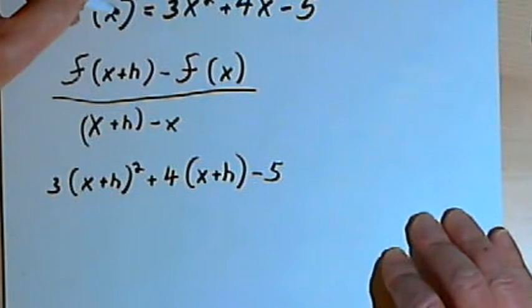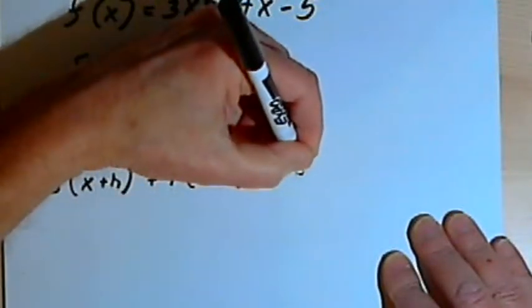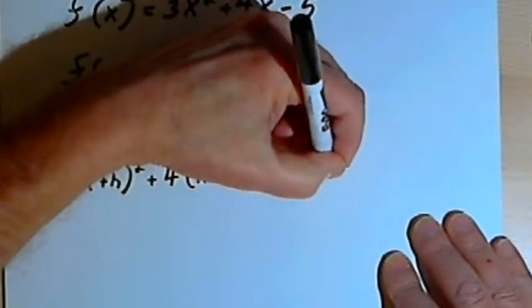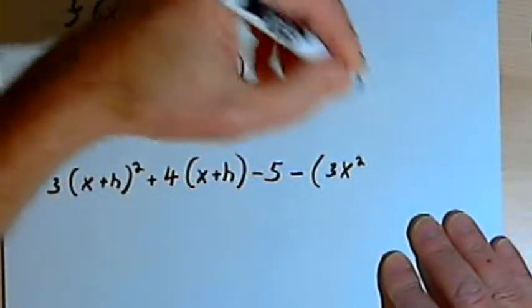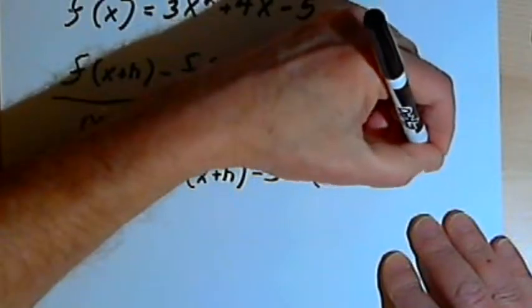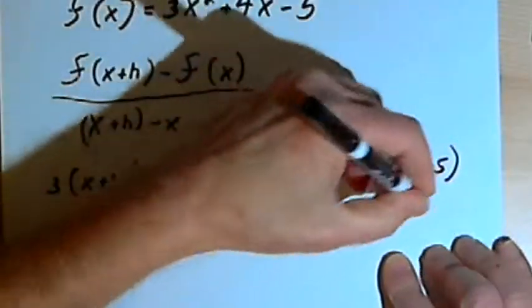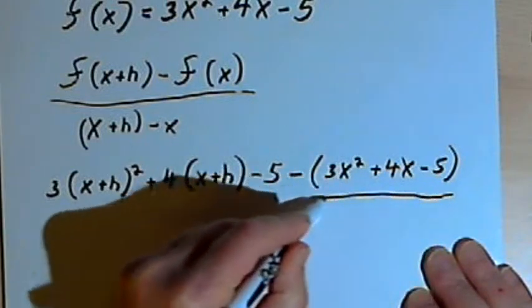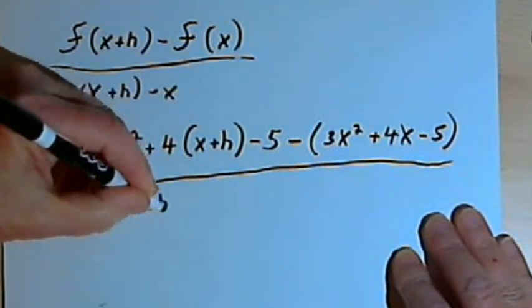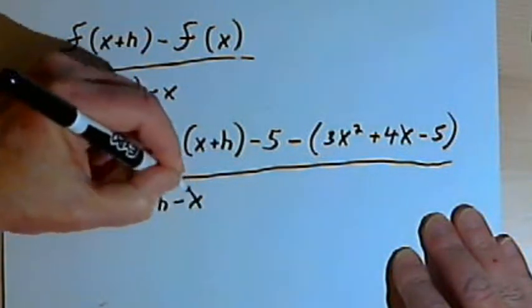And then I want to subtract f of x, so minus, I'll put all of f of x in parentheses, 3x squared plus 4x minus 5. And I still need the denominator. The denominator is x plus h minus x.